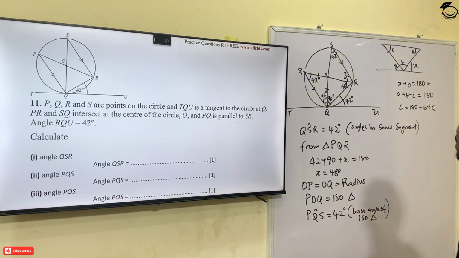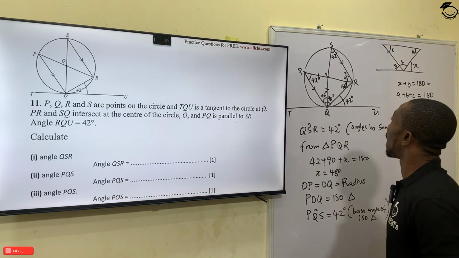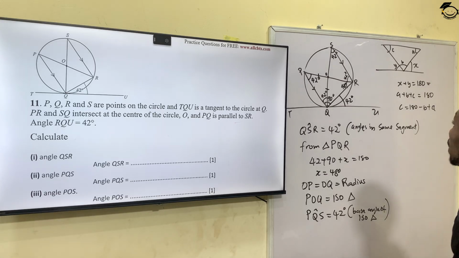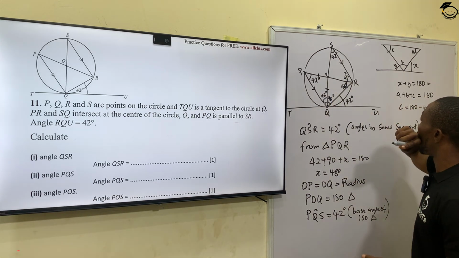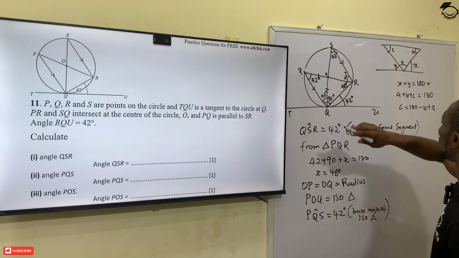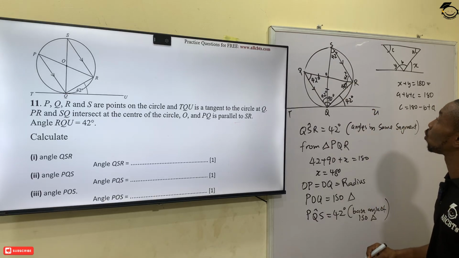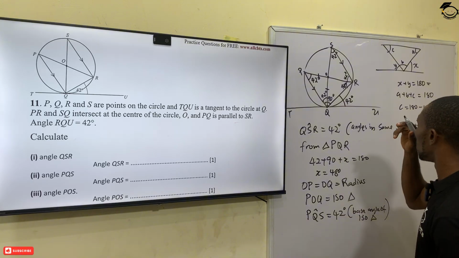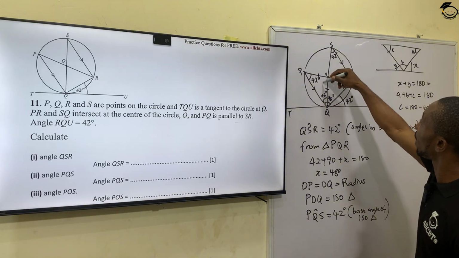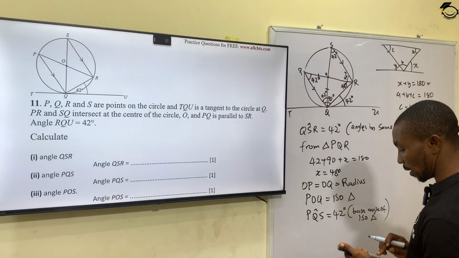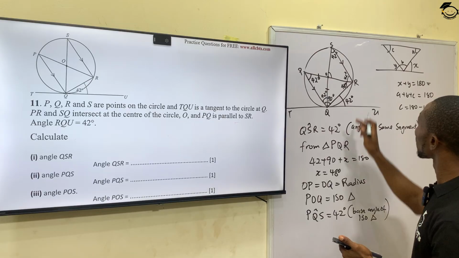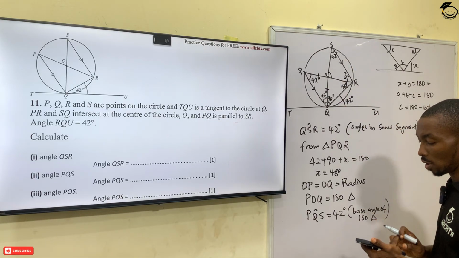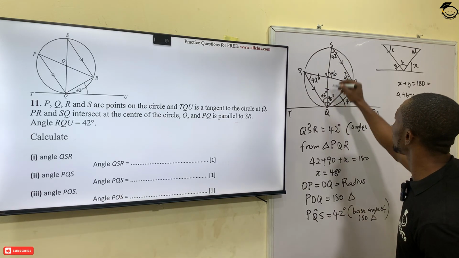Okay, now having found PQS as 42 degrees, we can find angle POS. Applying our law, angles on a straight line equal 180. Since we have these two angles as 42 degrees, the middle angle here will become 42 plus 42, which gives us 84. 84 making 96 degrees.